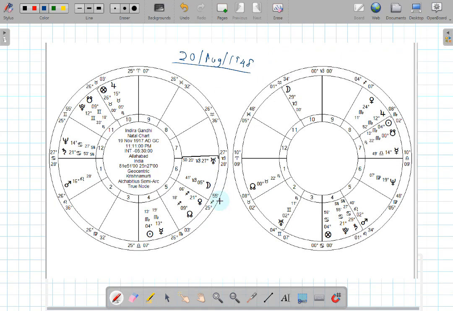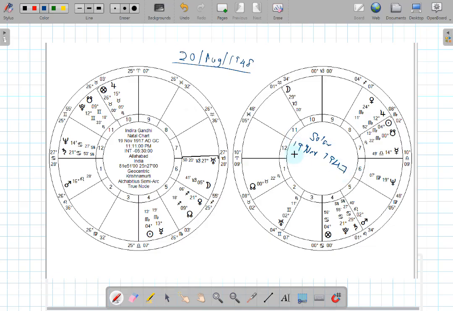Now let us analyze this event again using the same principles, using primary directions and distributions to the node. On the left side, you see the natal chart of Indira Gandhi, and since her son was born in 1948, the chart on the right is the solar return chart for 19 November 1947.